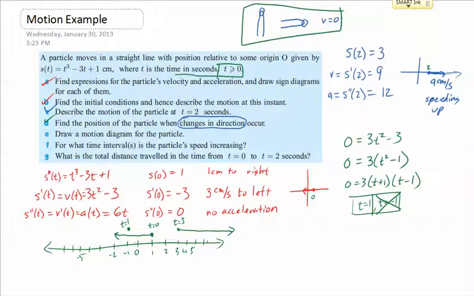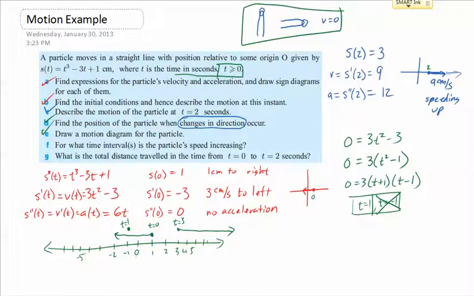Okay, letter F, for what time intervals is the particle's speed increasing? Well, if the speed is increasing, that means that the acceleration and the velocity are in the same direction. All right? Now, we already know that we're starting at t greater than 0. And it looks like I was going to the left here with a right acceleration.